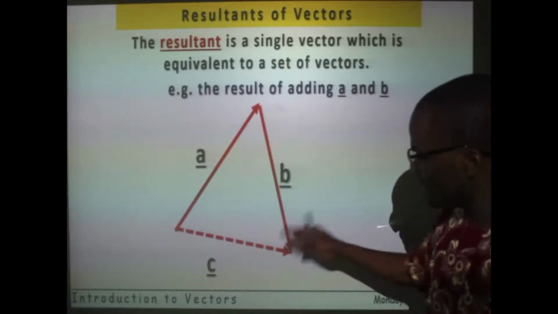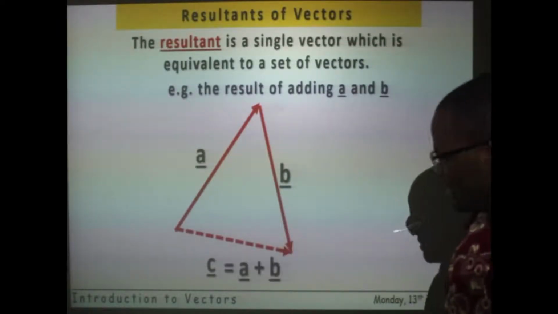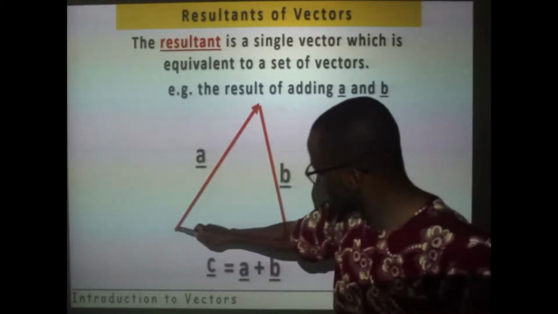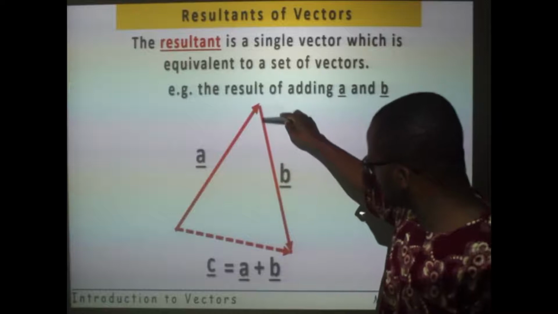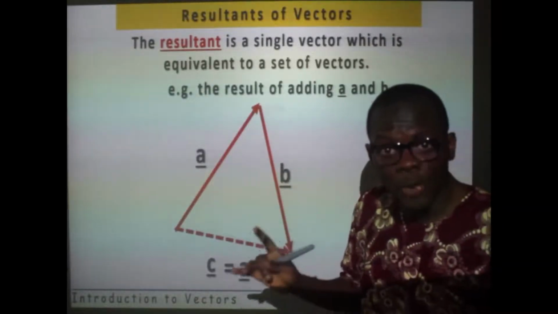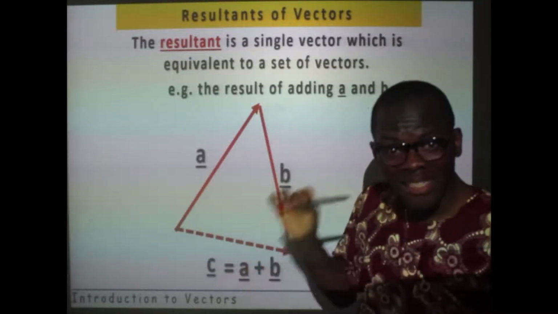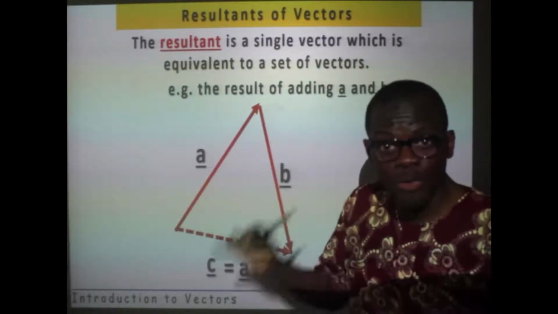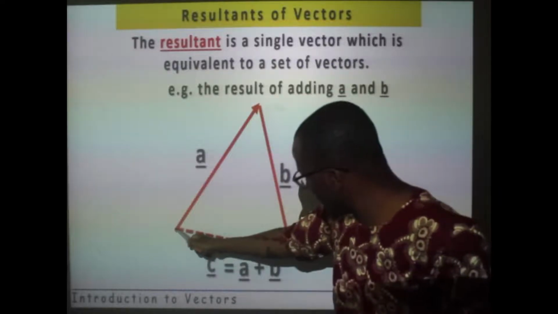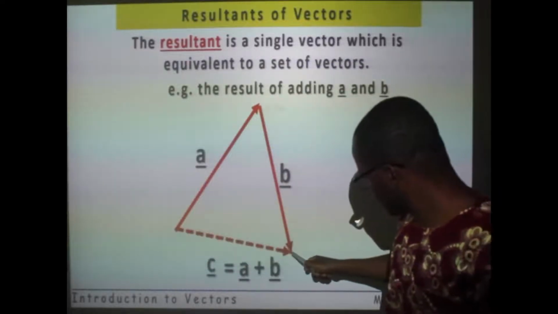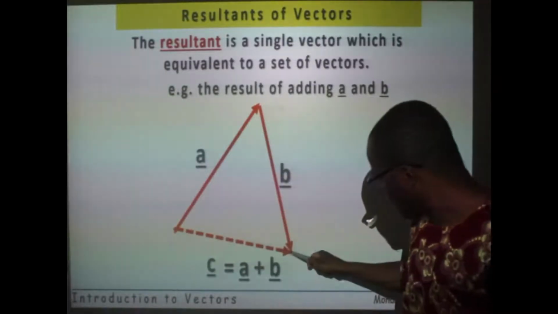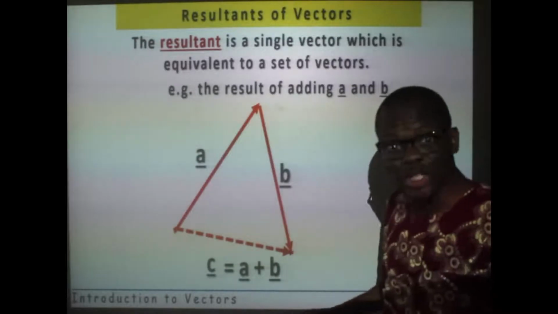And so if you want to write this down in vector notation, the vector C is the vector A plus the vector B. Remember, the direction of the arrows really, really matters. You're going from the point where A starts to the point where B stops.